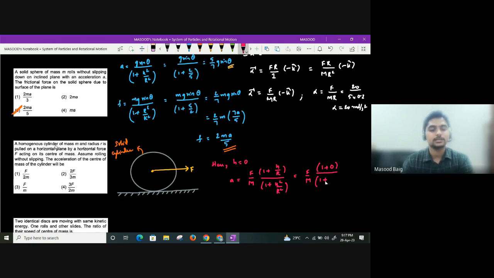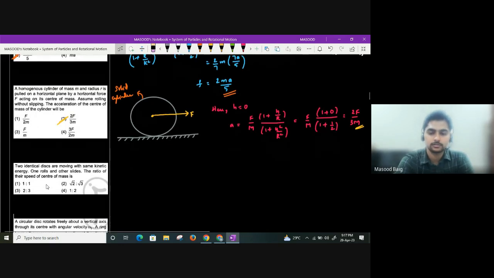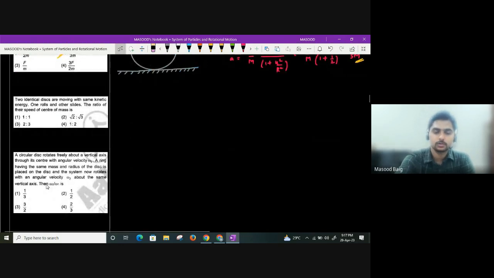Solid cylinder is same as that of disk, guys. For a disk, it will be 1 by 2. So here you will get 3 by 2, which I can write as 2F divided by 3m. This will be the acceleration of the solid cylinder when force is applied at its center of mass, guys. 2F divided by 3m will be the answer for this. Clear everyone? I hope it is clear.